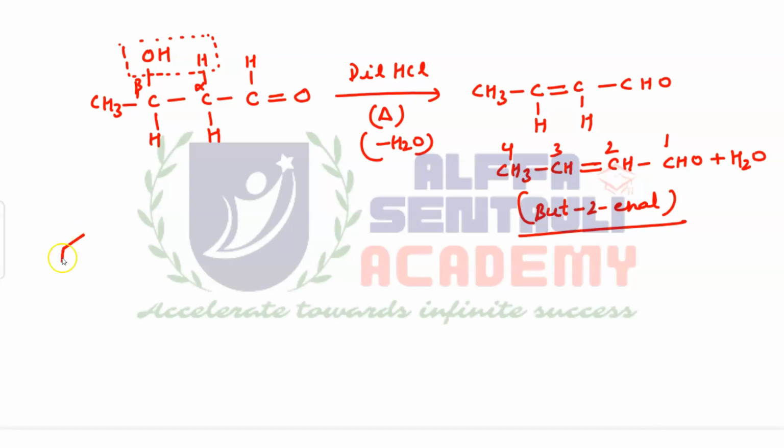So I'm giving you an example. I'm making a compound. What is the name of this compound? This is benzaldehyde. Correct, and I'm drawing an aromatic ketone, or I'm drawing a compound like this.